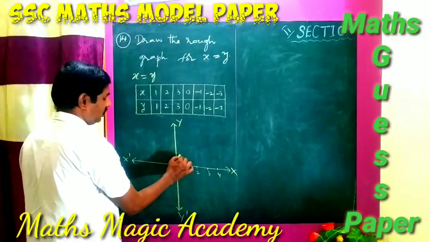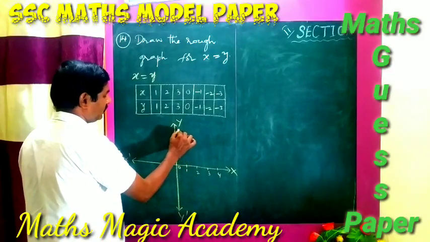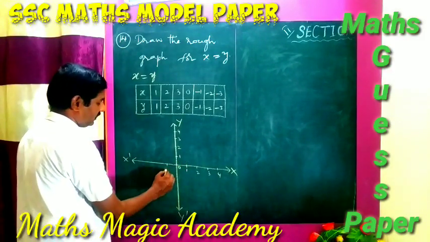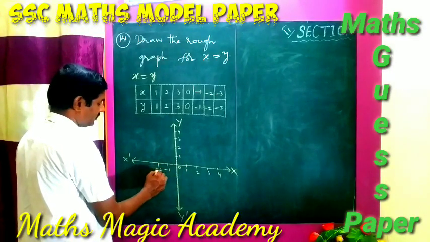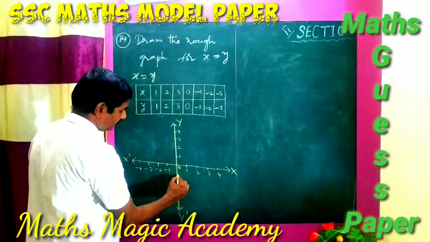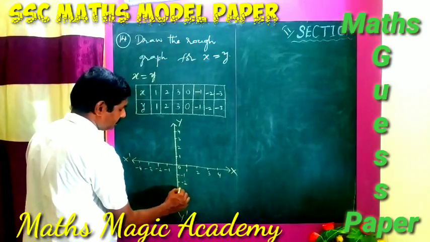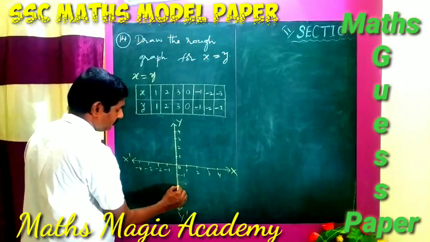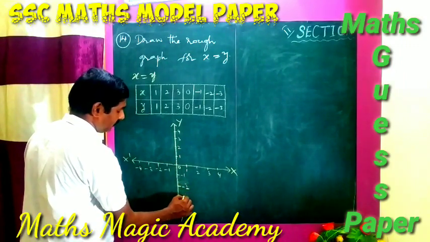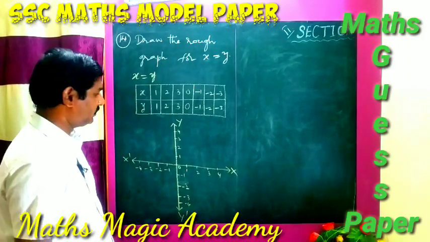Here also 1, 2, 3, 4, and here minus 1, minus 2, minus 3, minus 4. Like that here also minus 1, minus 2, minus 3, minus 4 like that.